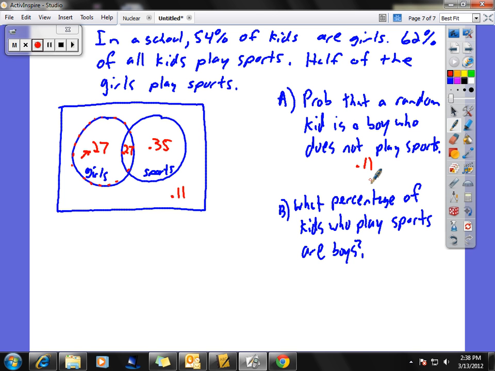This is specifically what percentage of the kids who play sports are boys. So it's 0.35 out of 0.62, all right? And that would come out to 56%.